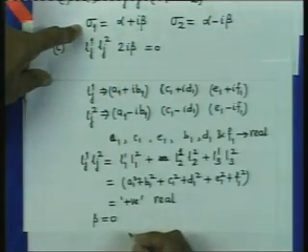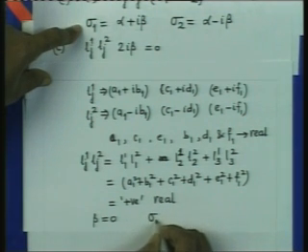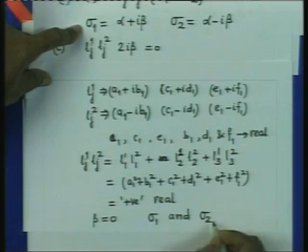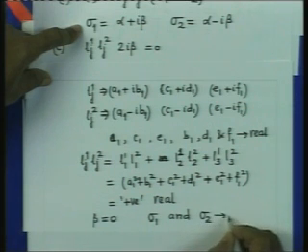It simply means that sigma 1 and sigma 2 cannot be complex.